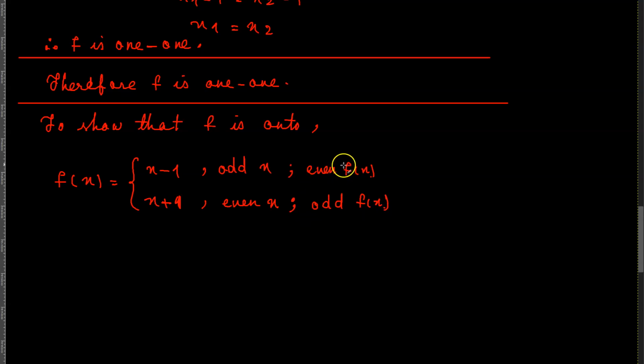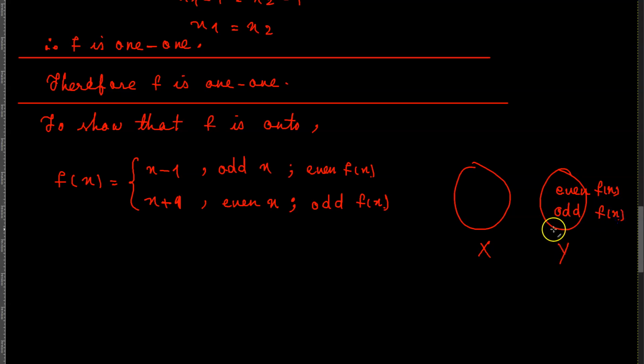So if you want to show that f is onto, when you have your function f here, this is your domain and this is your codomain, and here you have some even f of x's and some odd f of x's. This is the set of whole numbers, so this goes from 0, 1, 2, 3, 4, and so on and so forth.